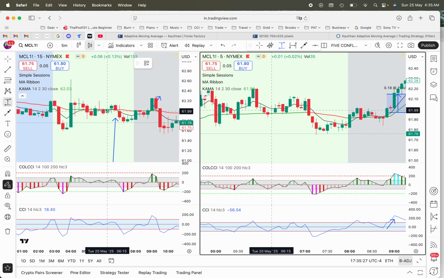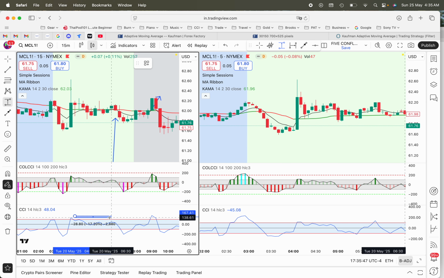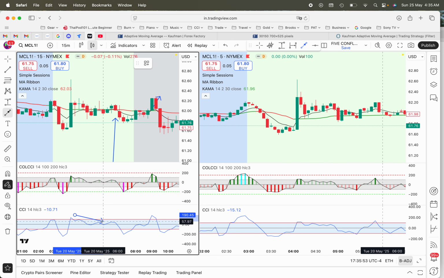So I would have been watching this on the 15-minute, and I can see that the 8 is below, and I'd just be watching everything, and I'll be looking at this CCI just going, well, you know what? Every time a bar goes up, the CCI doesn't really go up. See this here. See how there was a high, a lower high, a lower high.